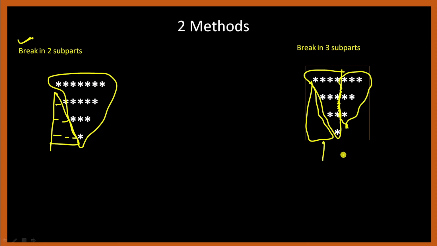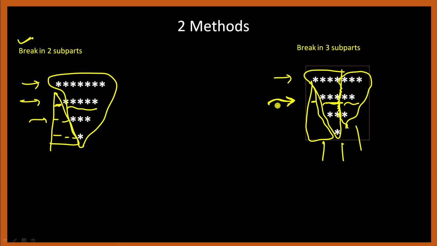So first part, second part, and third part. For each row we can write 3 for loops here, and 2 for loops there. For each row first we have to print space, then stars, then the remaining stars of the third part, and then a particular ith row will be completed.